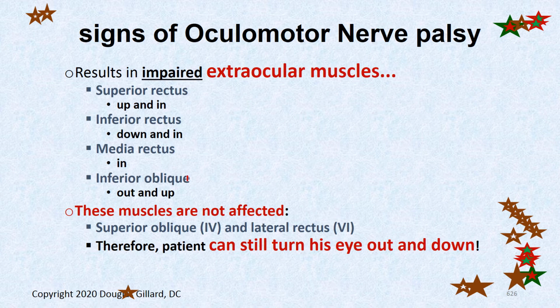Or you could look at it as who's not affected by an oculomotor nerve palsy. Well, the superior oblique, who's that supplied by? That's the trochlear nerve, right? Cranial nerve 4. And then lateral rectus, who's that supplied by? That's the abducens nerve. You got to know your cranial nerves.